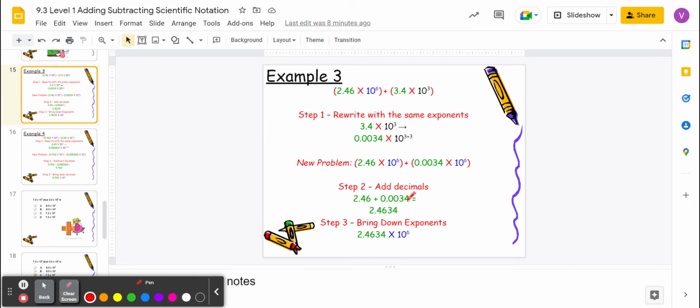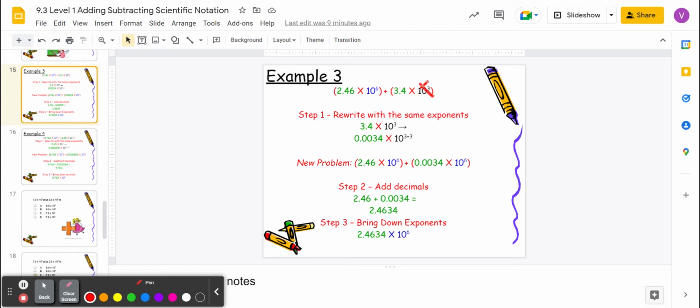All right, the first example shows us that 10 to the 6th and 10 to the 3rd are completely different. So it's your choice. You can make them either both 10 to the 6th or 10 to the 3rd. Now I'm going to take this 10 to the 3rd and make it 10 to the 6th. I think it's easier.